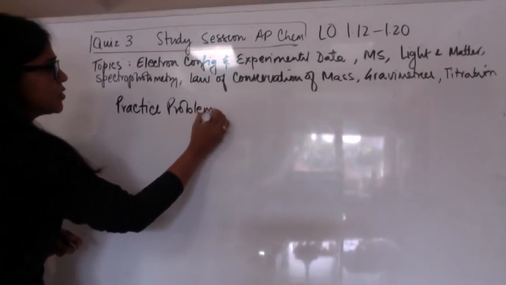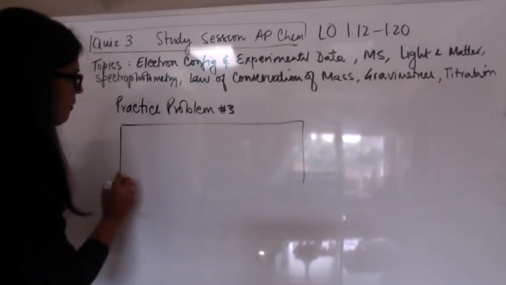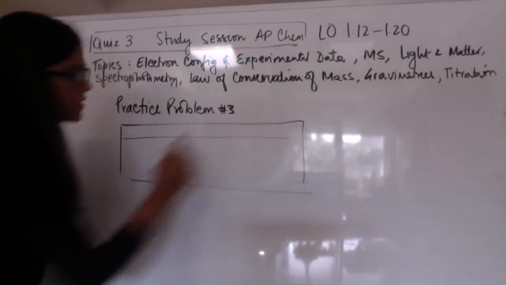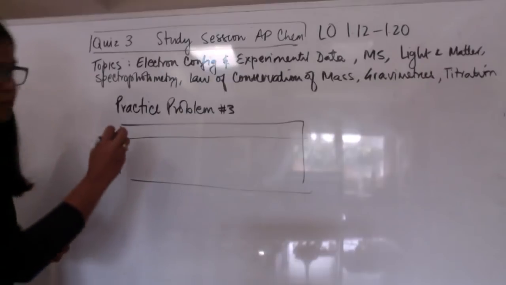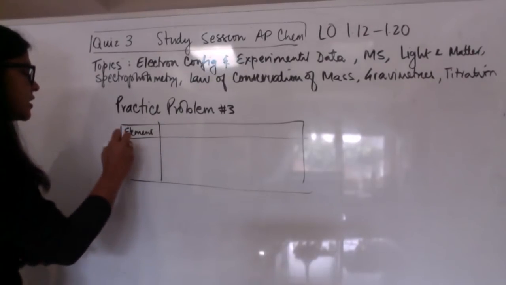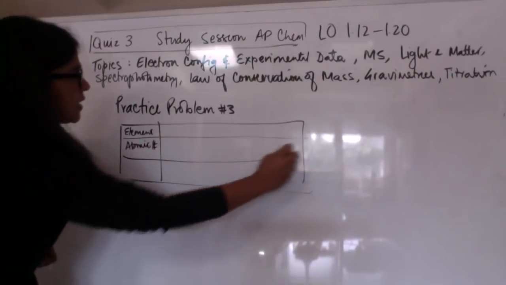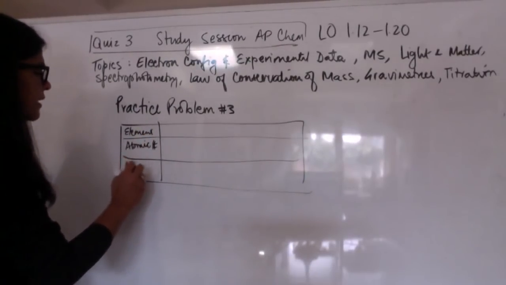Practice problem number 3 gives you a table. And in the table, it gives you the element, it gives you its atomic number, and it gives you a mysterious quantity called magnetic moment.